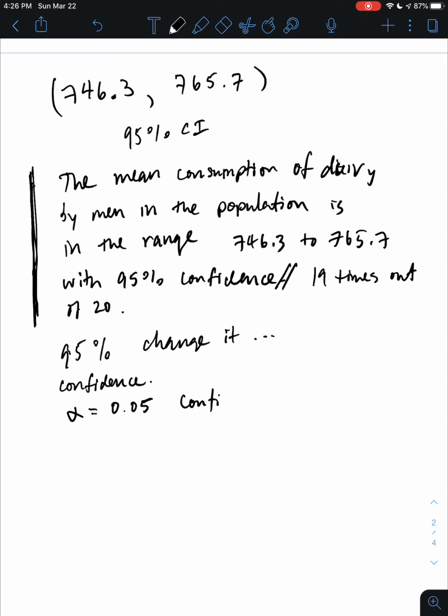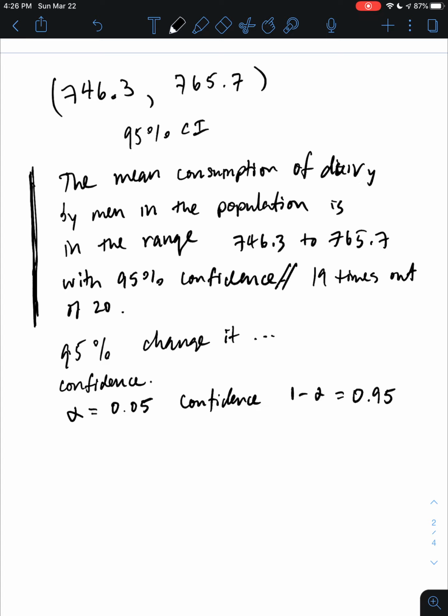That means our confidence is 1 minus alpha, which is equal to 95%. So this alpha is a very important parameter, and we are going to talk about the meaning of alpha a little more in chapter 9.